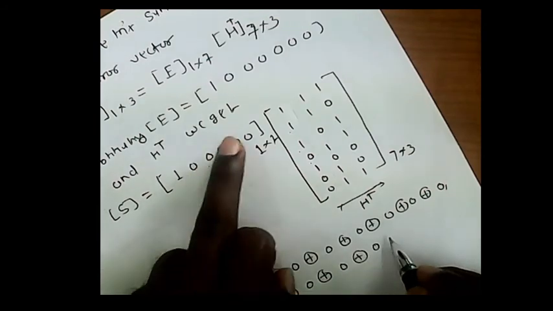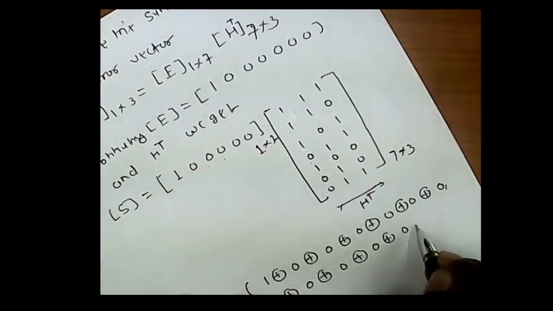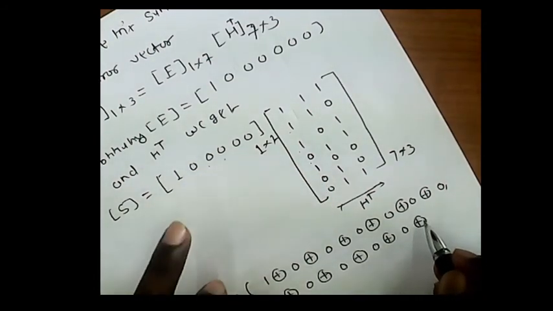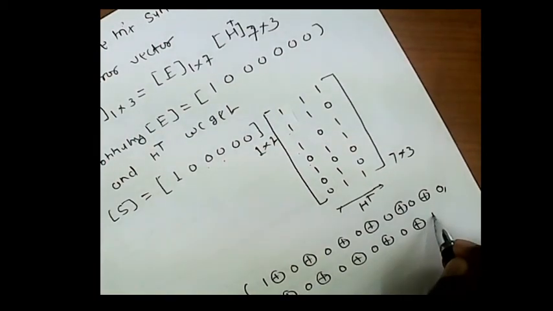So all the other terms will be 0, because multiplication with 0 in any term is 0.